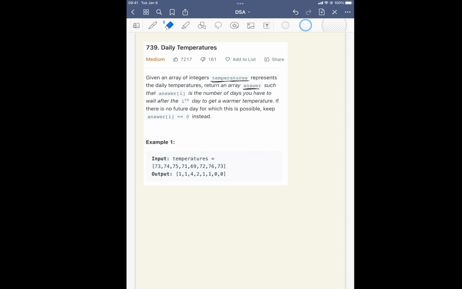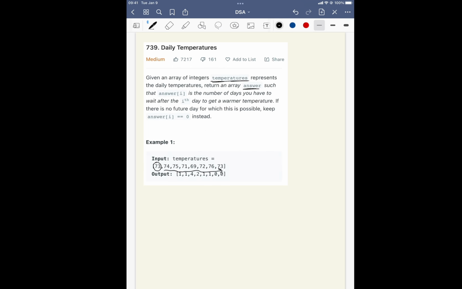So how can we figure this out? How can we get the answer array programmatically? Well, the brute force way to do this would just be for each temperature, you loop over and look to the right for a higher temperature.